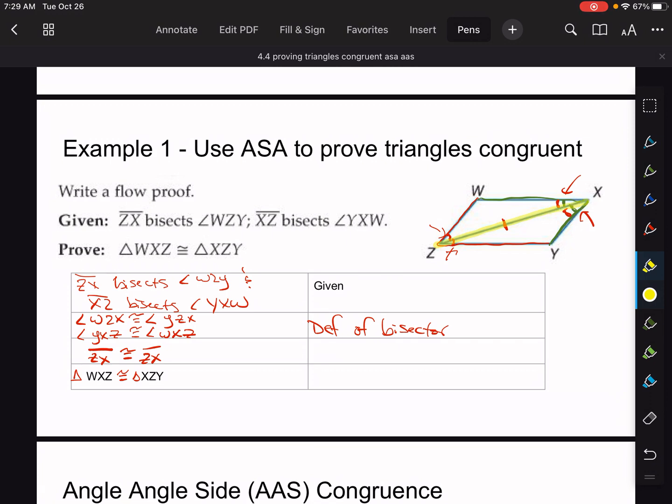Both triangles share it. It's in between the angles that we know are congruent. So what we can say is, by reflexive property, those two things are congruent. ZX is congruent to itself. Okay, now we know that the two triangles are congruent, and the reason for that is the ASA postulate.